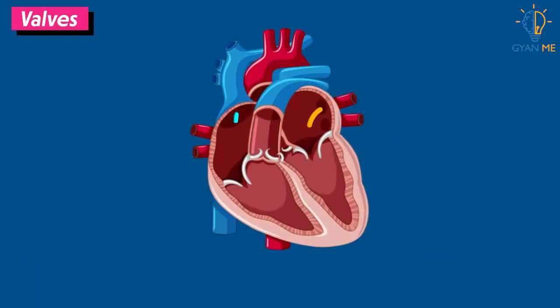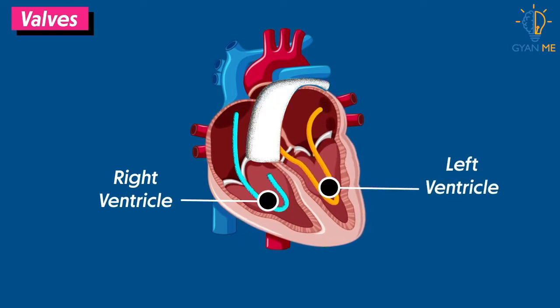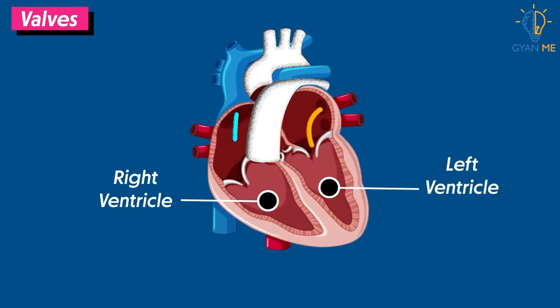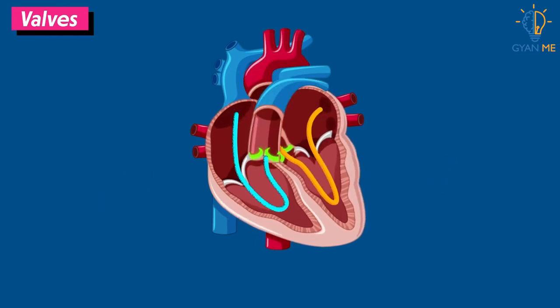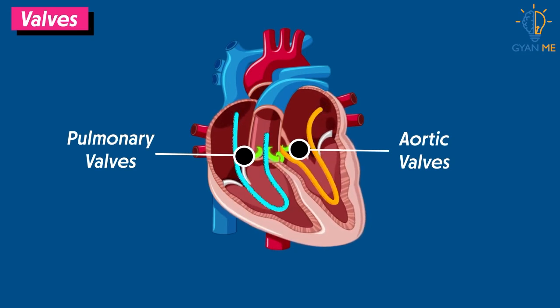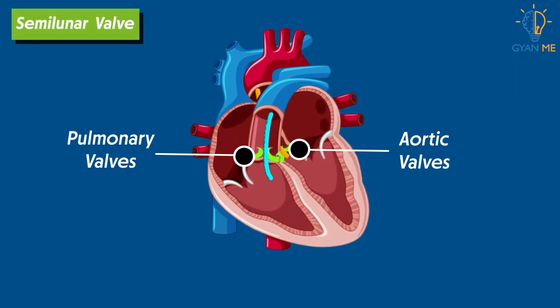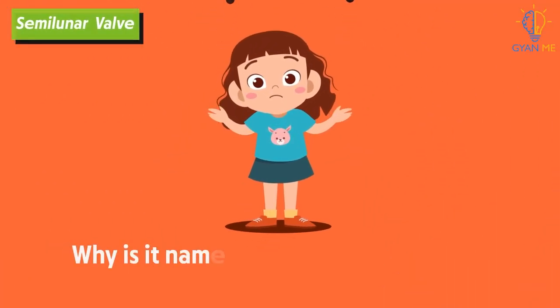The openings of the right and left ventricles into the pulmonary artery and aorta are guarded by another set of valves called pulmonary valve and aortic valve, respectively. These valves are also called semilunar valves. Can you guess why they must be called so?